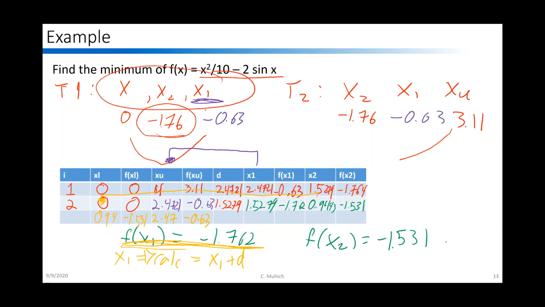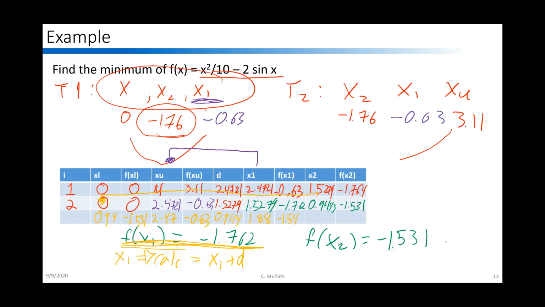We need to calculate a d here. Using that formula, we have 0.944. And that gives us now an x1 of 1.88. We can punch that number in and get negative 1.54.